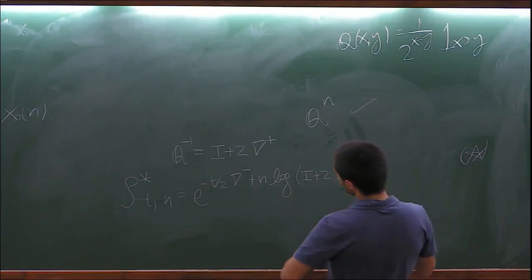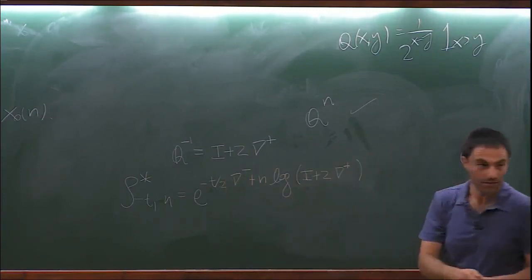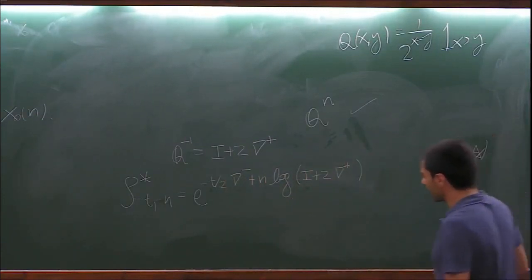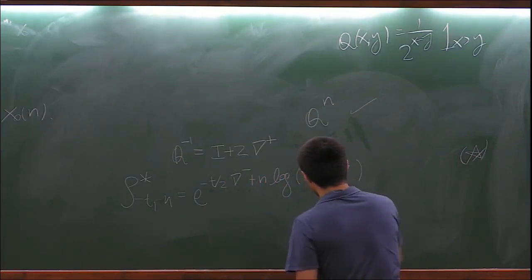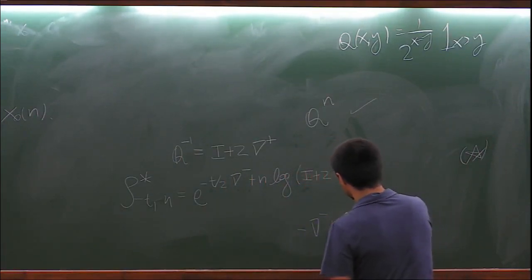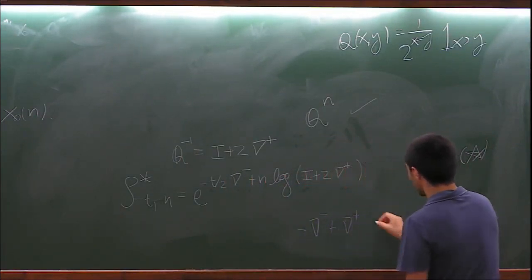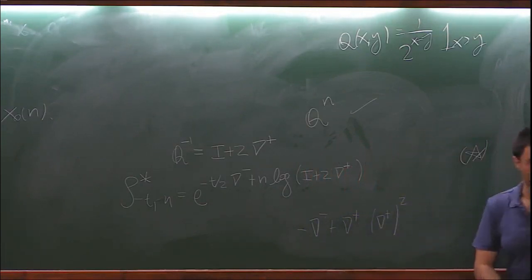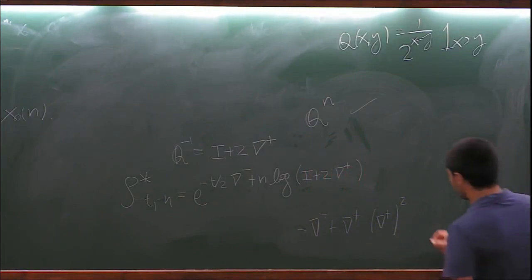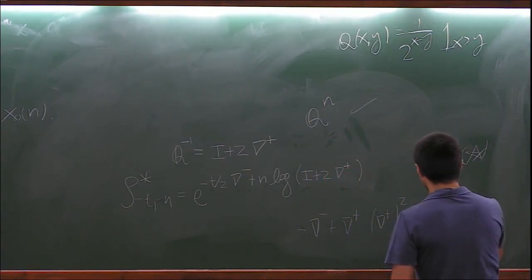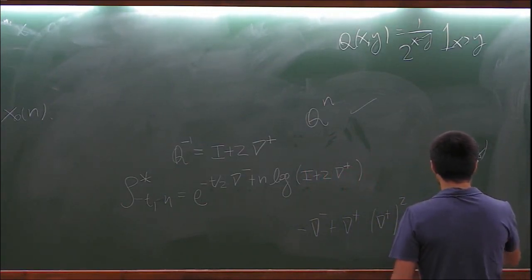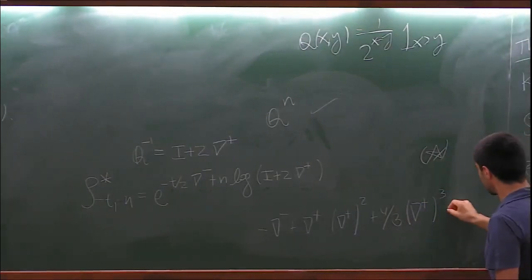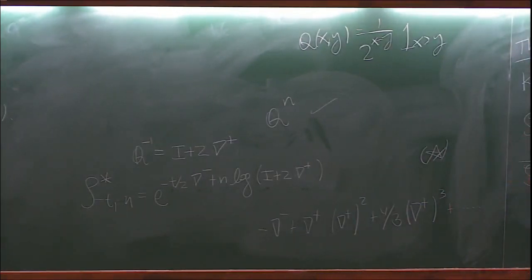So you expand this in Taylor series, and you get something like, if I remember correctly, minus grad minus plus grad plus, and then I think you get the second derivative, which I'm going to write like that, and then something like this, the third derivative, and then plus other things. Everything scaled with epsilons and so on.